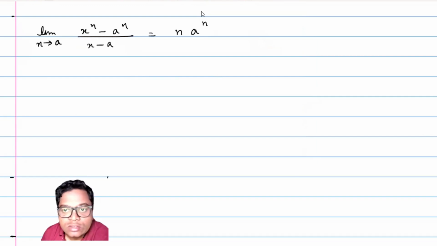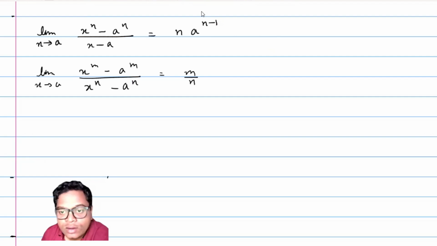We have limit x tends to a, (x^n - a^n)/(x - a), which is n a^(n-1), and limit x tends to a, (x^m - a^m)/(x - a), giving m upon n, a^(m-n).